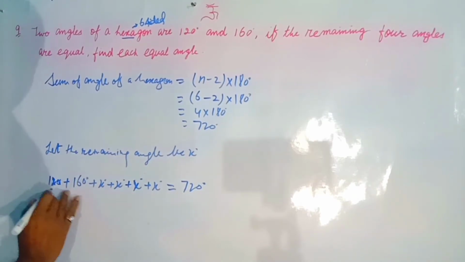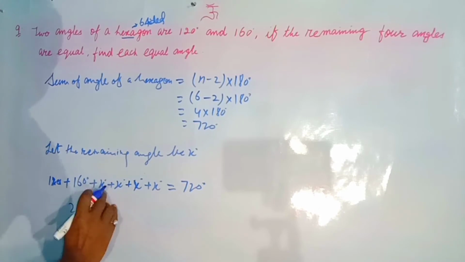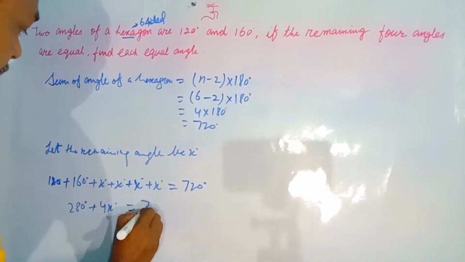Now 120 plus 160 is 280 degrees, and x plus x plus x plus x means 4x degrees, equal to 720 degrees.